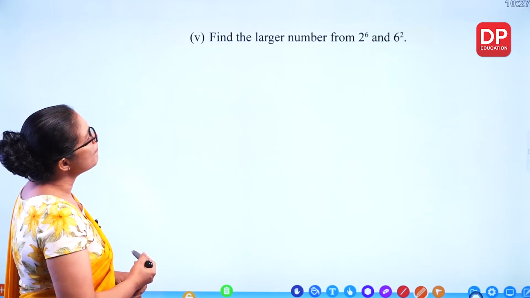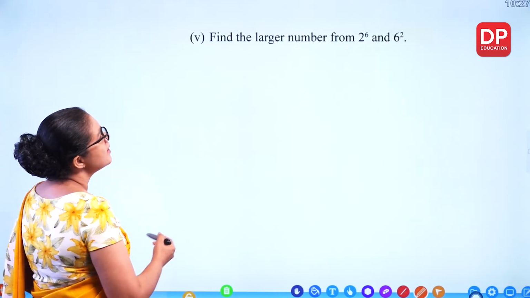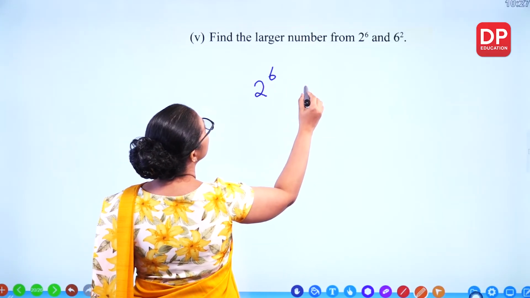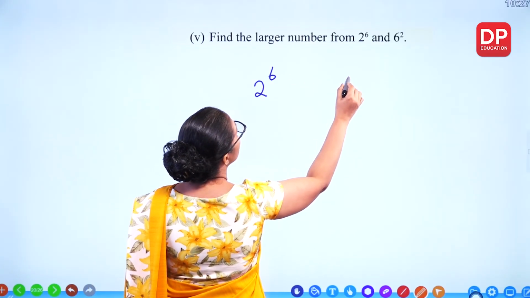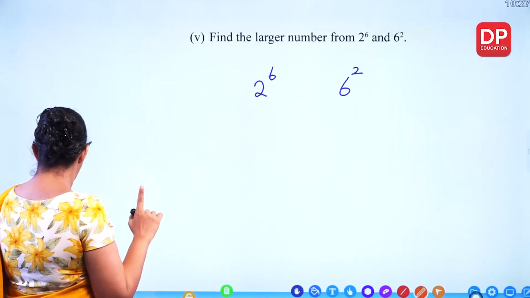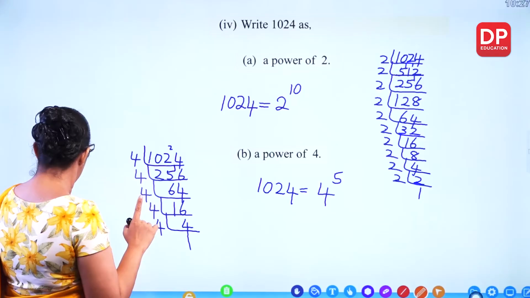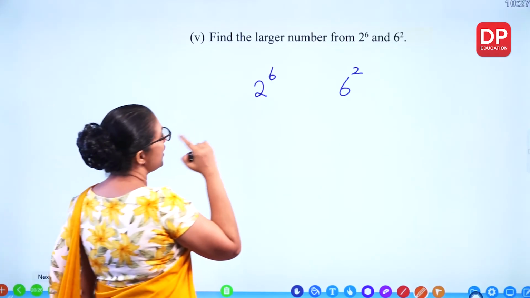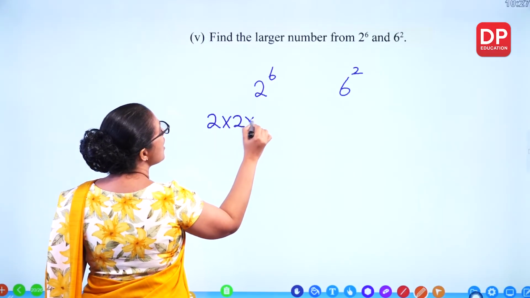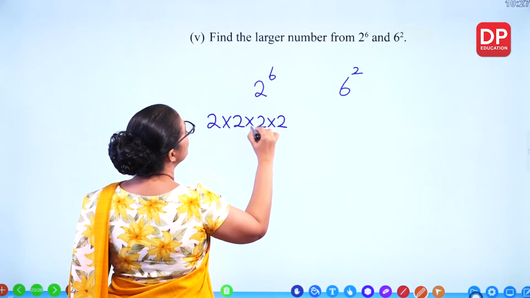Find the larger number from 2 to the power 6 and 6 squared. So here 2 to the power 6 we did. So we can find out what is 2 to the power 6. 2 times 2 times 2 times 2.